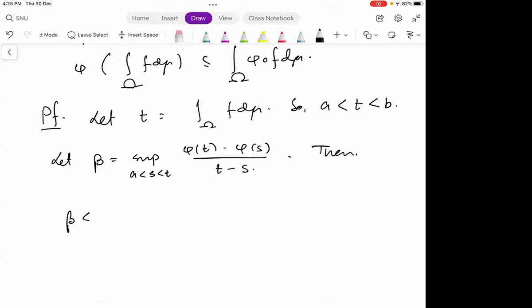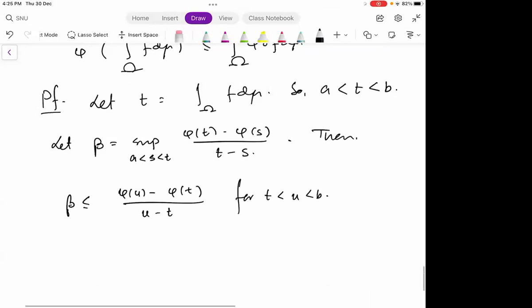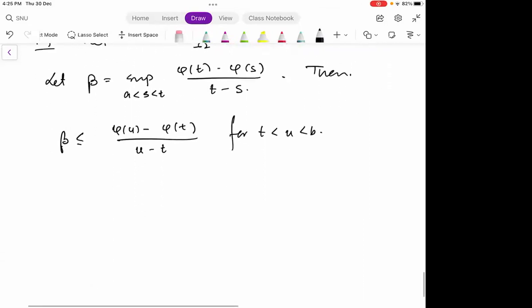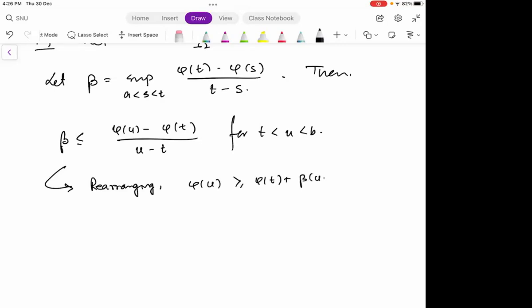Then in fact, beta is less than or equal to (phi(u) minus phi(t)) divided by (u minus t) for t less than u less than b. So rearranging this, I have phi(u) greater than or equal to phi(t) plus beta times (u minus t).